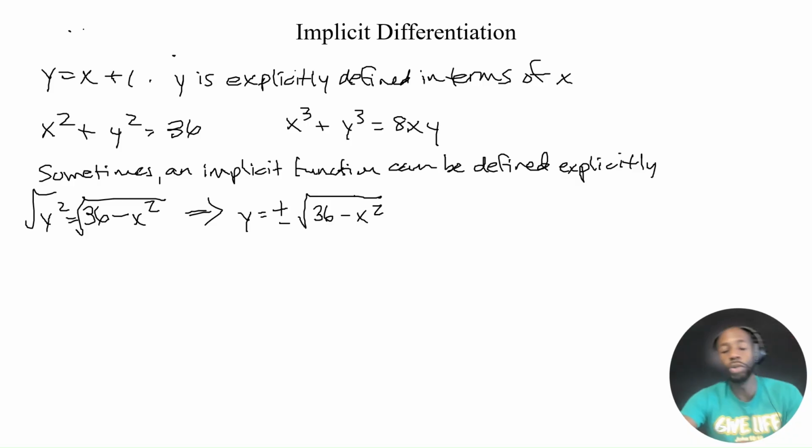So you see that's two separate functions: y equals the square root of 36 minus x squared, and y equals negative the square root of 36 minus x squared. From there, if you want to differentiate, you could differentiate using the chain rule. Okay.